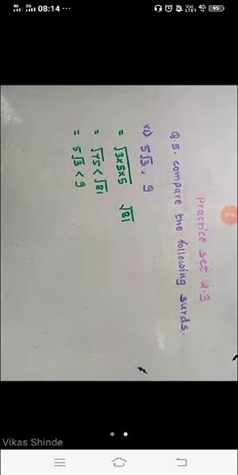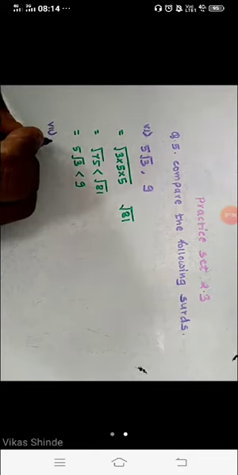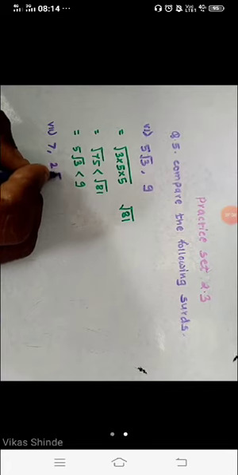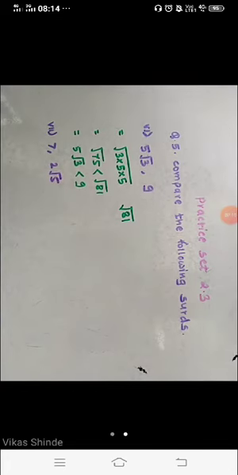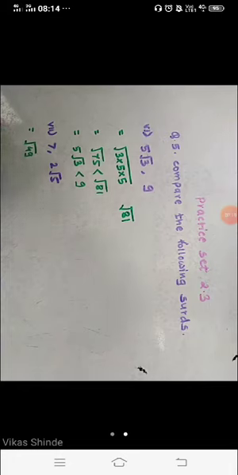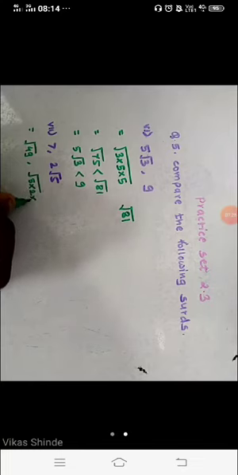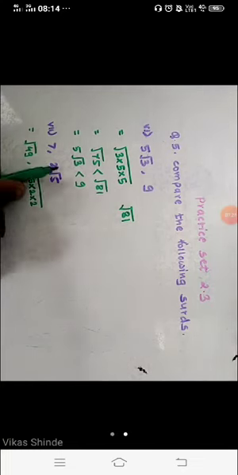Now see the next question here, 7 and 2 under root of 5. Students, 7 means we have to write here in irrational form. 7 means under root of 49 here, and for the second one we have to write 5 into 2 into 2 because the order is 2 here.